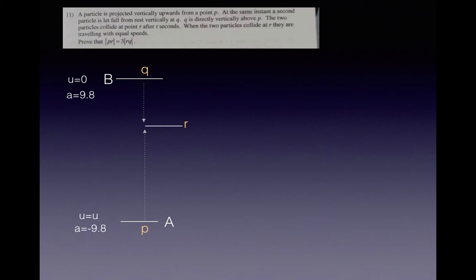Now, what I would start with here, because it's an algebra question, is writing down all your formula. And if you think about what we're given, there's displacement here, definitely. We want to relate two displacements. So that tells me I need to use my displacement formula, which is S is ut plus a half at squared. But also the last sentence says the two particles collide at R when they're travelling at equal speeds.